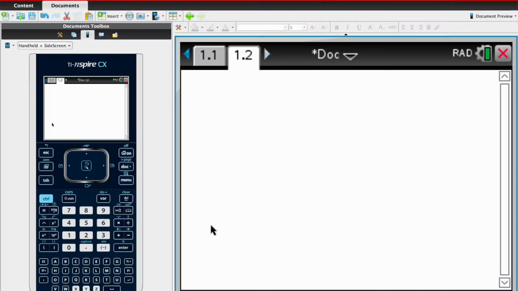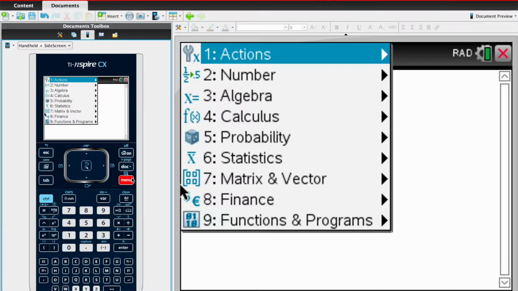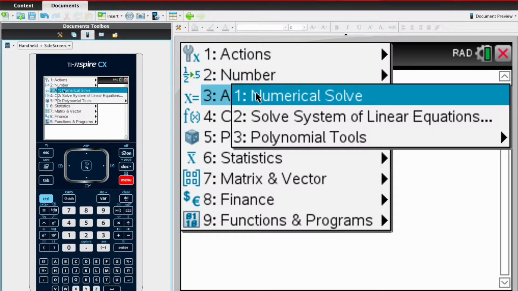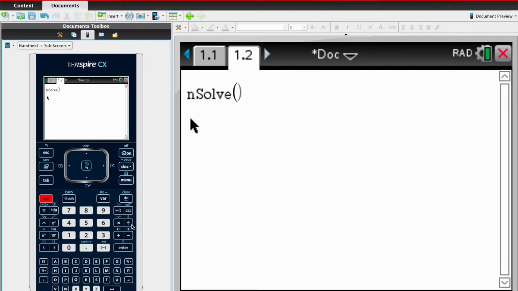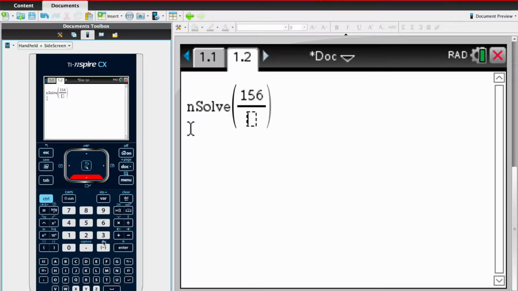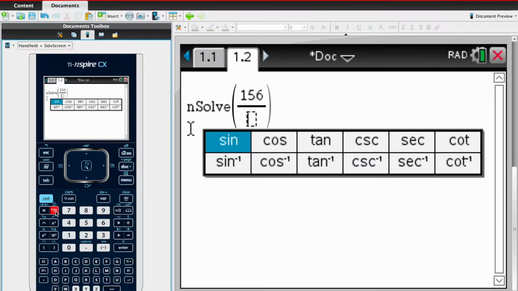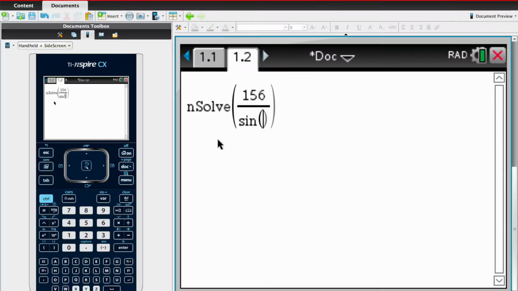You could perform some algebraic manipulation, but I'll show you through nsolve if you'd like. So let's use numerical solve, and then let's put this value in. Let's get a fraction here, 156 over, and let's go trig sine 27.